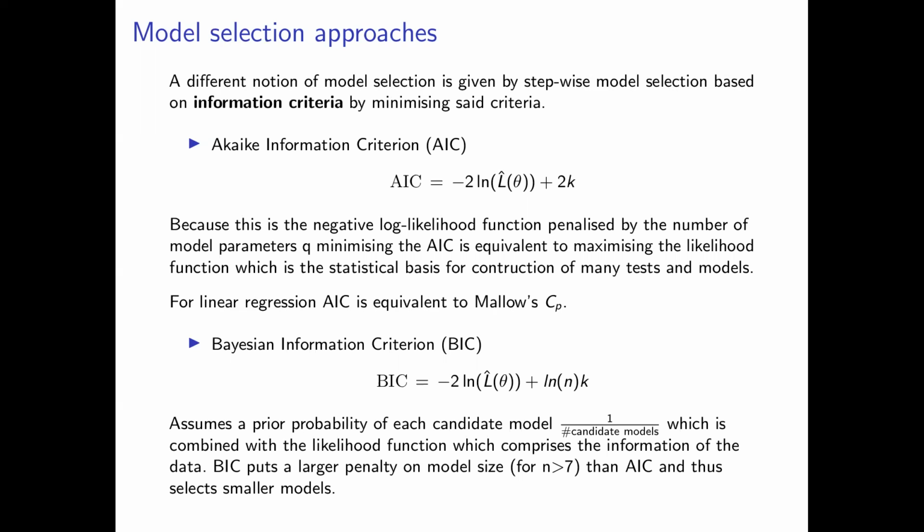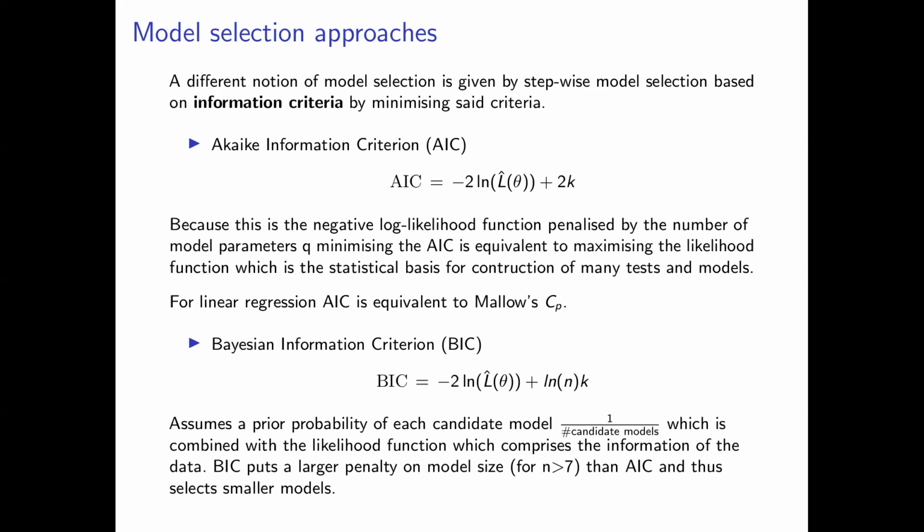The more we add, the larger this penalty. The specific equivalent of the AIC for linear regression model is the Mallows CP, which is also provided by different types of software systems. The second most relevant criterion is the Bayesian information criterion.